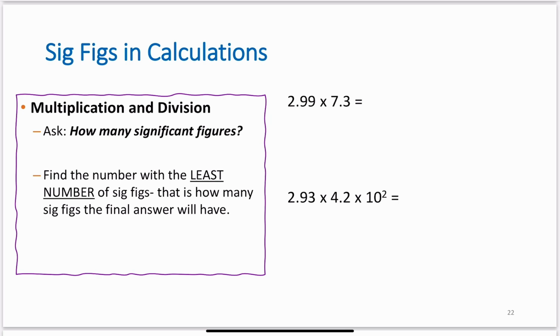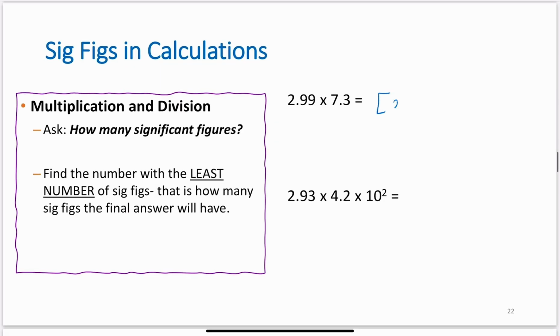In multiplication and division, you ask yourself, how many sig figs are there? How many significant figures are present in each measurement? You find the number with the least number of sig figs, and that's how many sig figs the final answer will have. So for example, 2.99 times 7.3 gives me a calculated answer of 21.827.